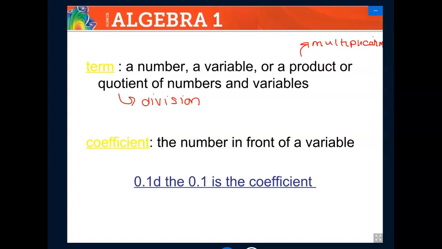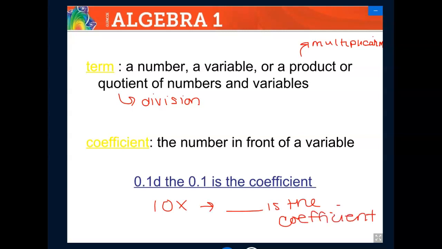Because I think the hardest part of math is not knowing what something means. If I go to you, what's the coefficient of 10x? You now know what coefficient is. Coefficient is the number in front. So 10x, blank is the coefficient. What's the answer? What goes on that blank?